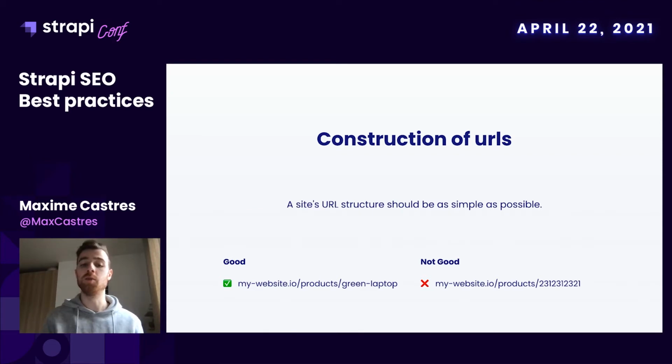However, if you use a slug, as you can see on the left side, it is better for users and for the search engines to understand what this page is about. Here, we can totally understand that it's about a green laptop. It is really simple to do in Strapi, but really important for your users and for the search engines to understand what your page and your website are about. So how to do that in Strapi?